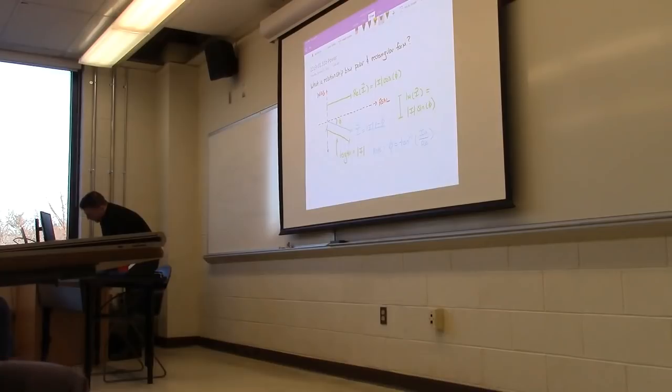And another note is, Pythagorean theorem applies, and so the magnitude of the vector is equal to the square root of the real component squared plus the imaginary component squared.